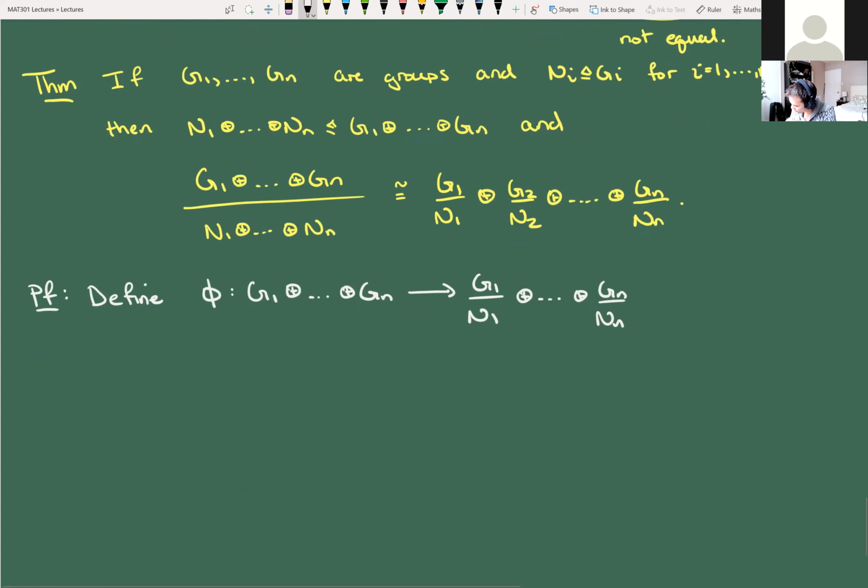And the way that this is going to work is it's going to be the obvious thing, right? So you're going to take (g1, ..., gn), and you're going to map it to the coset (g1 N1, ..., gn Nn). Okay.